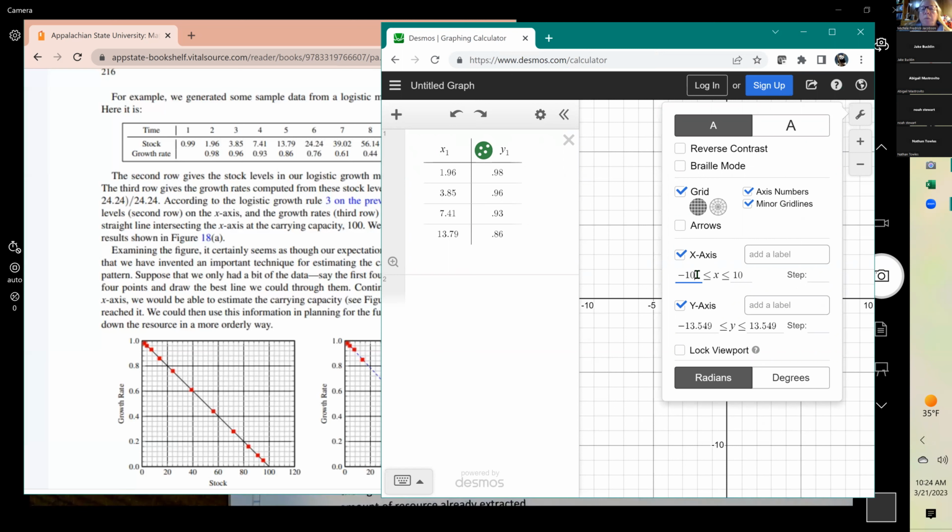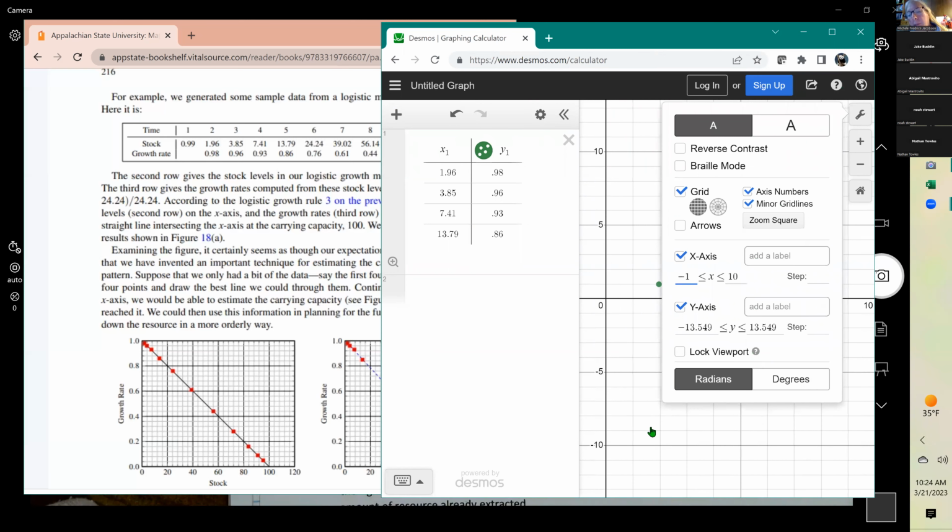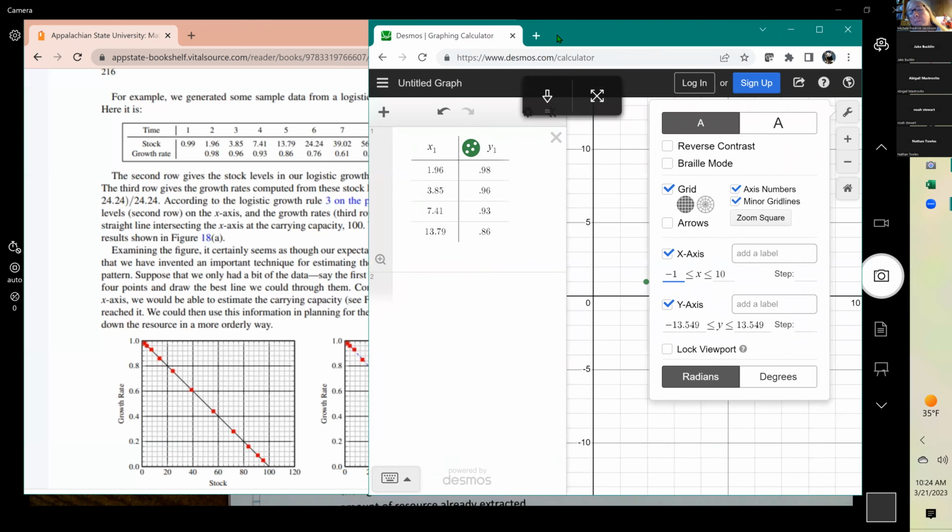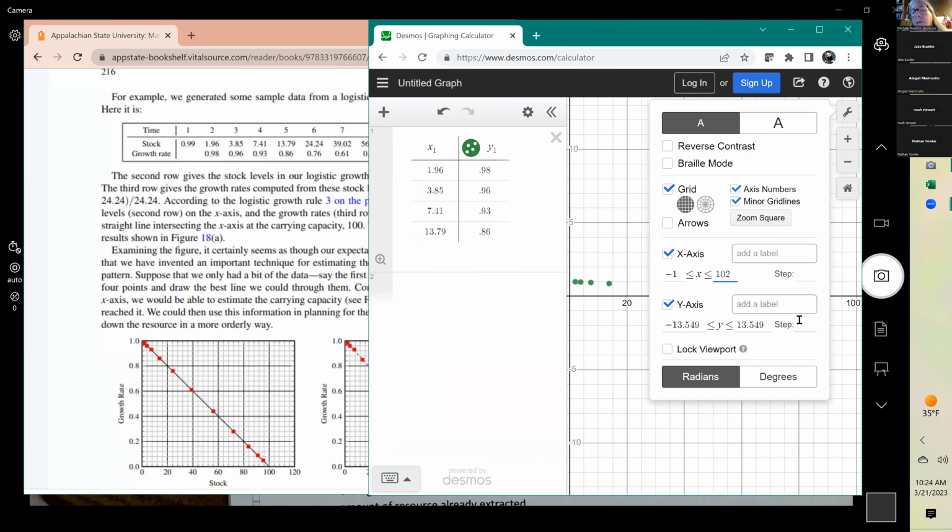But I like to start with -1 because it gives me the axis. And then you want to go past your largest number, which right now is 1379. But I'm going to go to 100 because that's my capacity. So maybe 102, so it's a little higher than it.